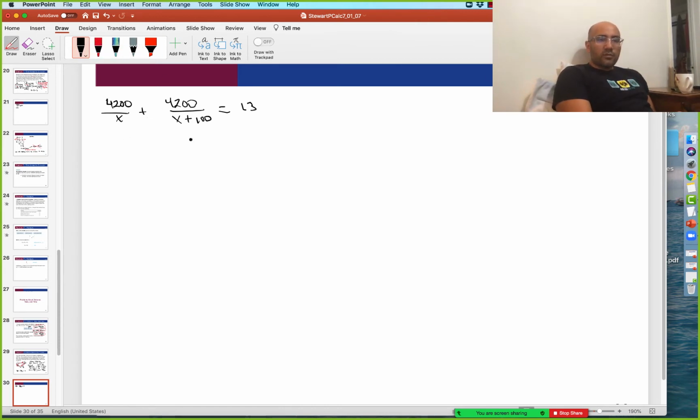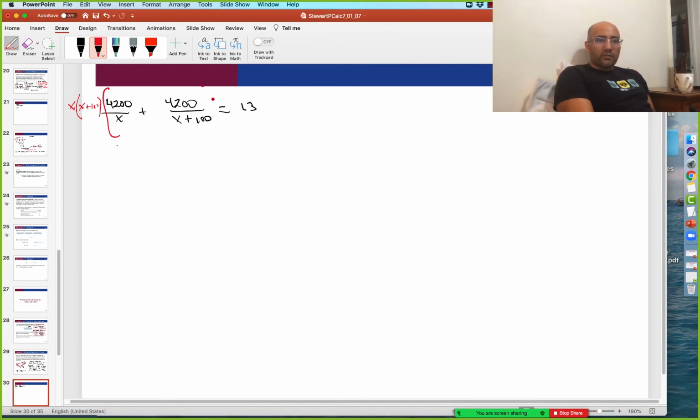I'm going to multiply both sides of the equal sign by both of these denominators, x times x plus 100, on the left-hand side and on the right-hand side. When I distribute, the x's cancel here, and I'll end up with 4,200 times x plus 100.